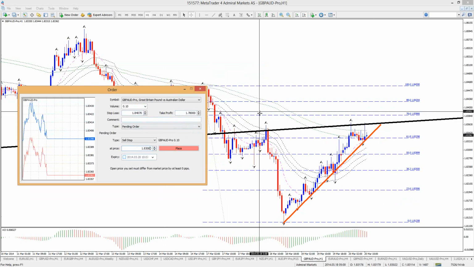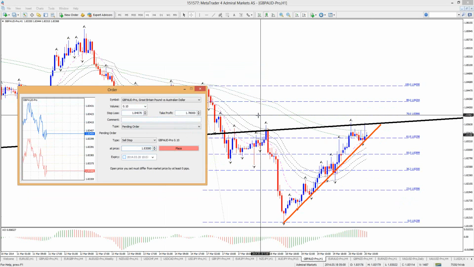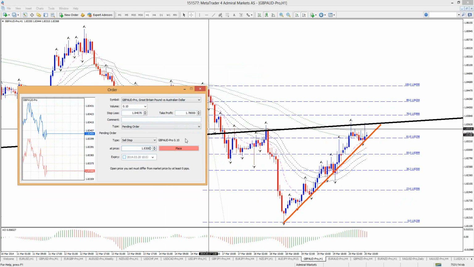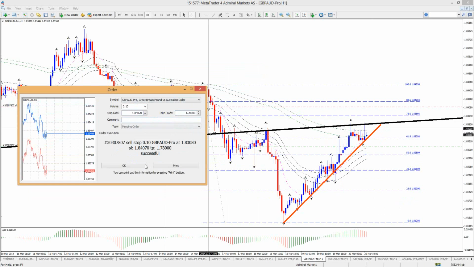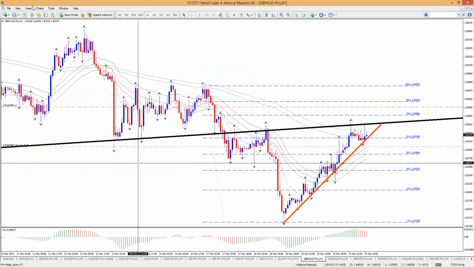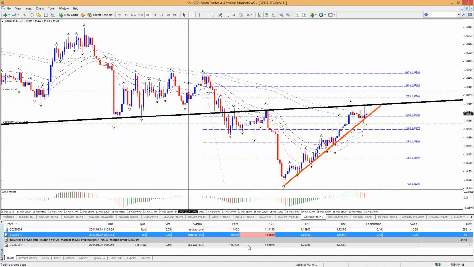Let's see how that pans out. Maybe it's a horrible trade idea, but I think there is a decent chance.